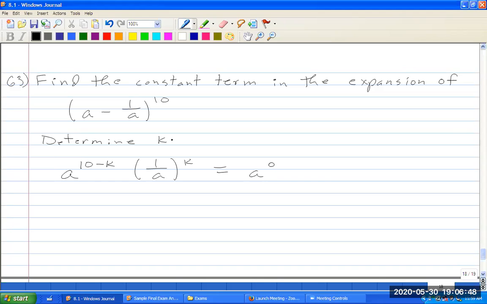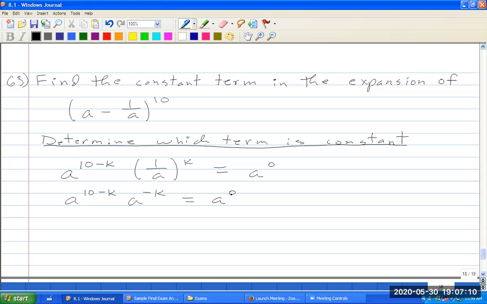Which term is constant? That's the first thing I want to do. So this is a to the 10 minus k, a to the minus k, equal a to the 0. So this is a to the 10 minus 2k equals a to the 0.